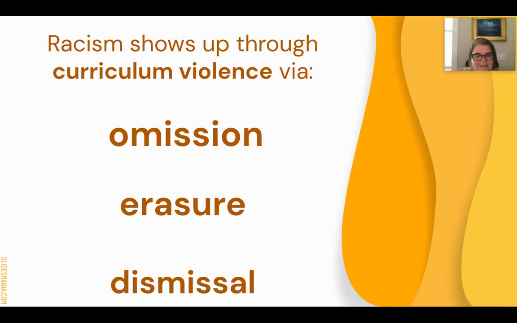Velez-Ibanez and Greenberg in 1992 began to discuss the idea of the dismissal of the funds of knowledge, and these funds of knowledge are capital in our classroom. So, racism shows up through omission, erasure, and dismissal.